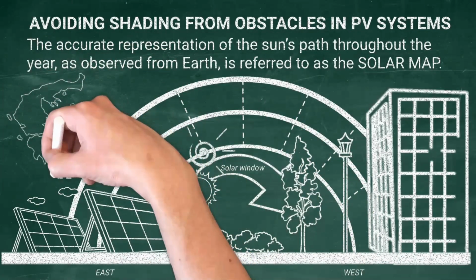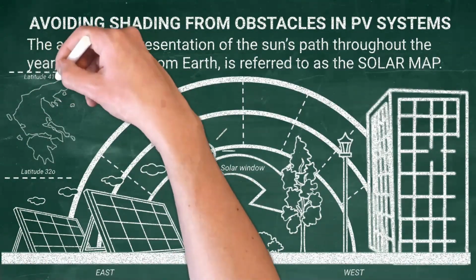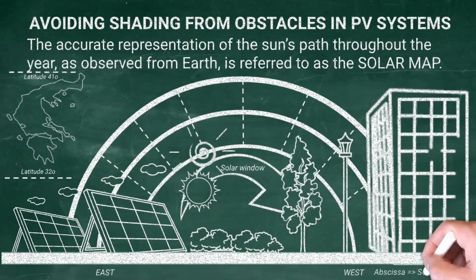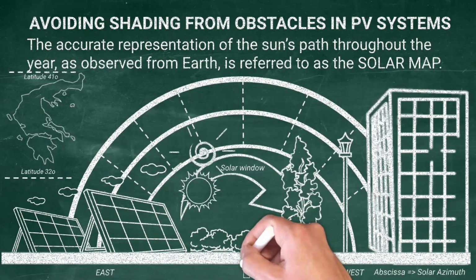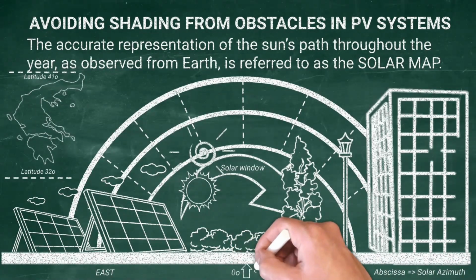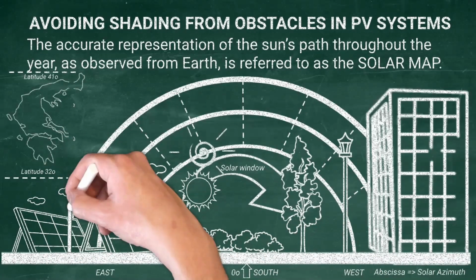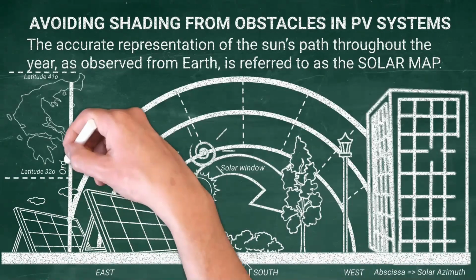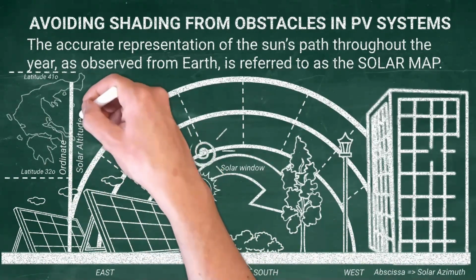Greece, from the south of Crete to its northern borders, is located between 32 degrees and 42 degrees north latitude. The bottom horizontal line, the abscissa, determines the sun's azimuth in relation to the south, which is located at the center. The vertical line, the ordinate, determines the sun's altitude angle for all hours of the day and for all of the months.